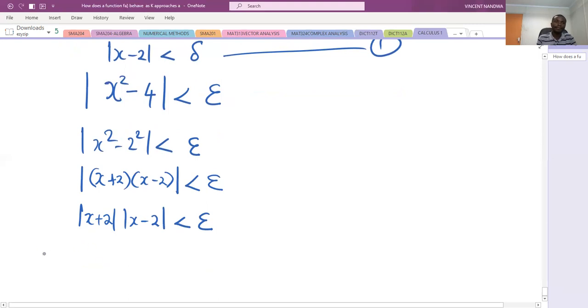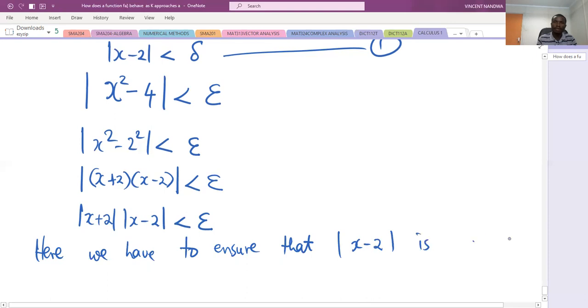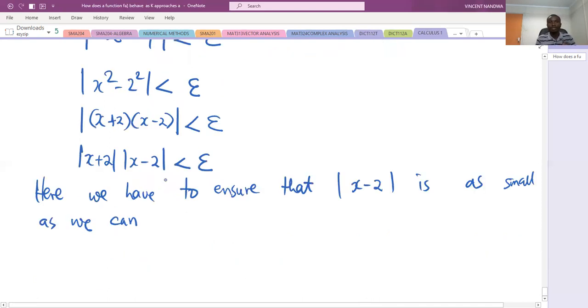So here we have to ensure that x minus 2 is as small as we can, so that the small change in y, remember this epsilon is a small number, and then this change x minus 2 in the x-axis will also be a very small number.